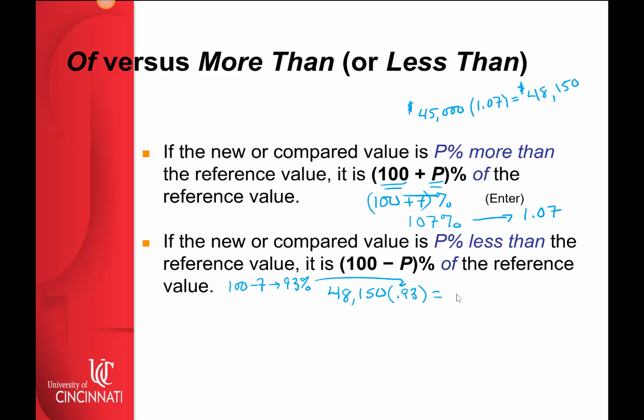And what's going to happen is this is going to compute my salary to be $44,790, which is actually lower than what it is. How does it turn out lower if I use the same 7%? Because we're taking 7% of 48,000, aren't we?